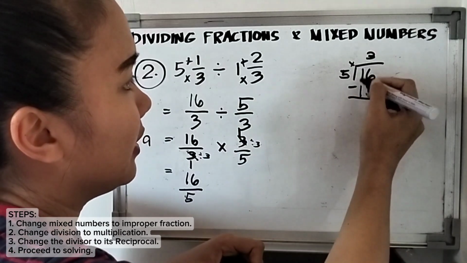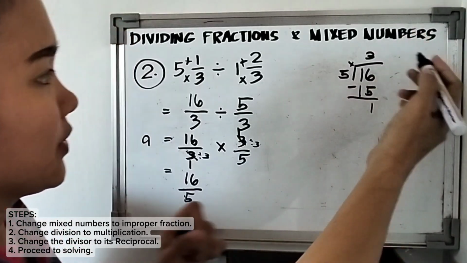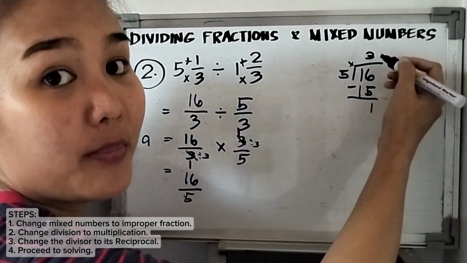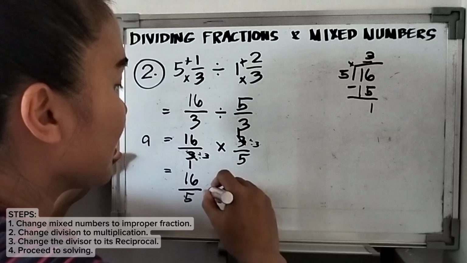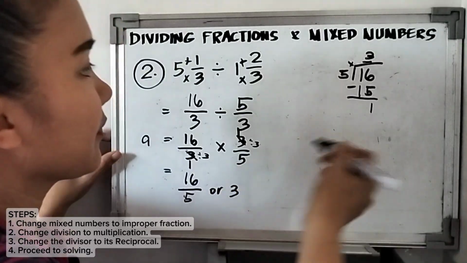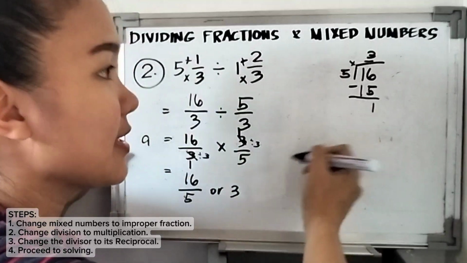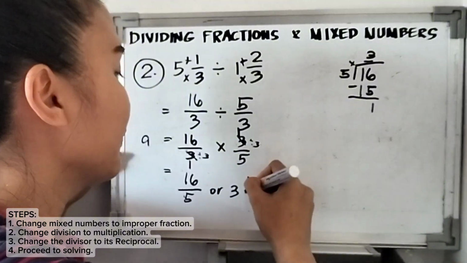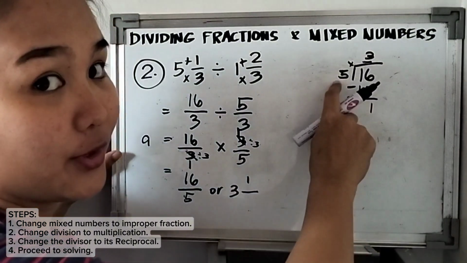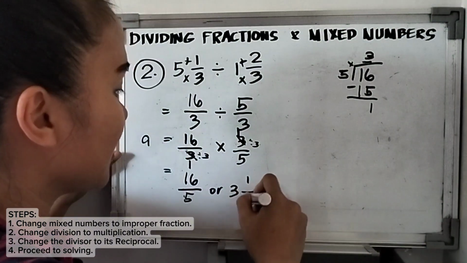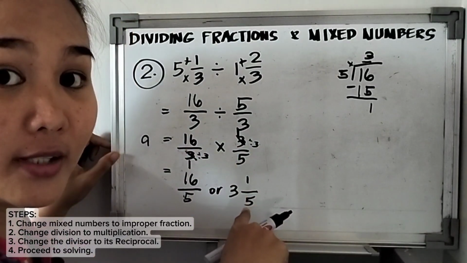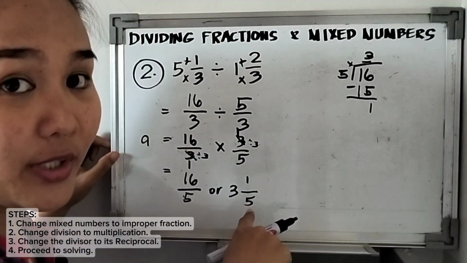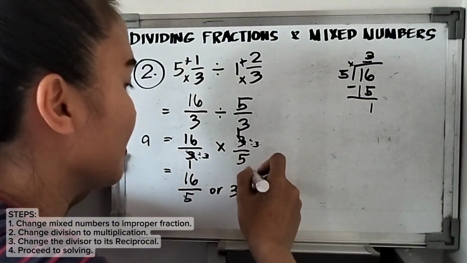Always remember that the answer is the whole number, the remainder is the numerator, and the divisor is the denominator. So the final answer is 3 and 1/5. Can we simplify it? It's already in the simplest form.